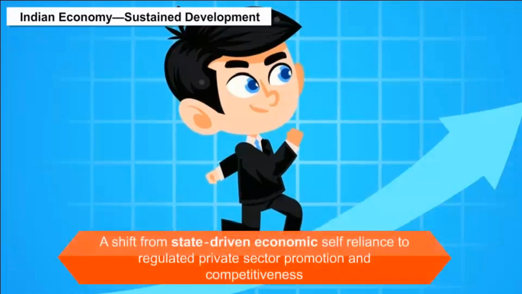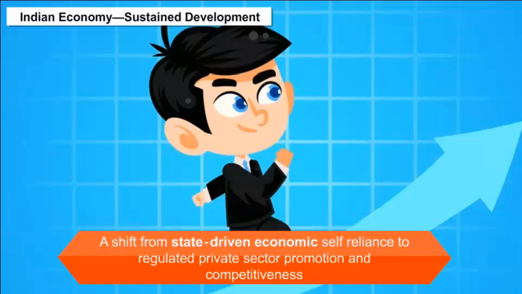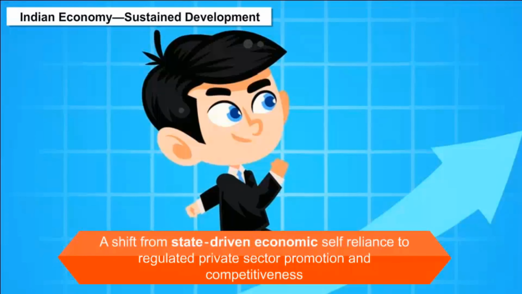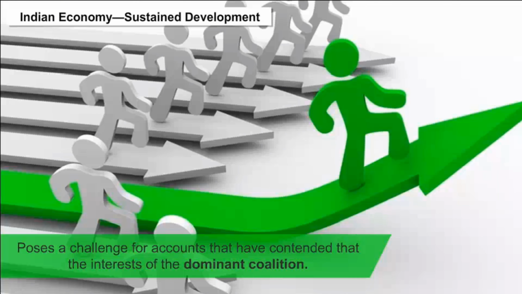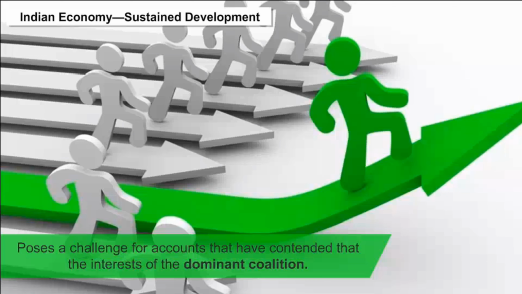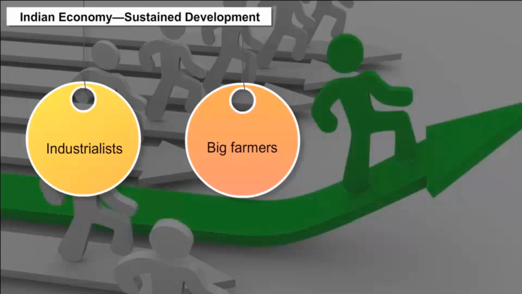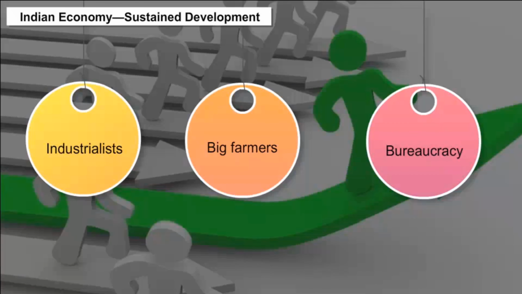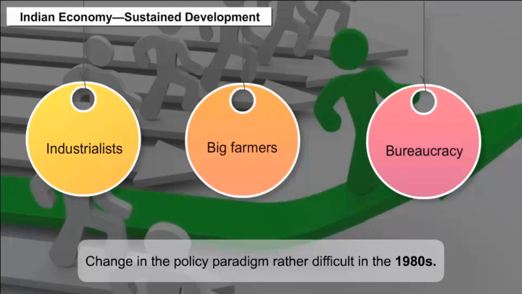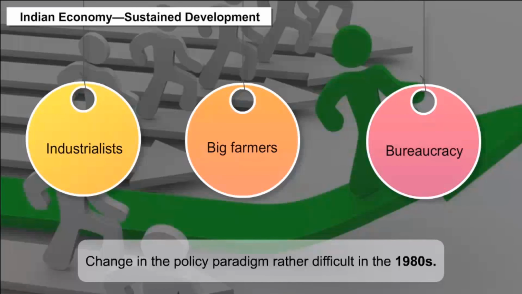A shift from state-driven economic self-reliance to regulated private sector promotion and competitiveness poses a challenge for accounts that have contended that the interests of the dominant coalition of industrialists, big farmers and the bureaucracy were locked in a manner that would make a change in the policy paradigm rather difficult in the 1980s.